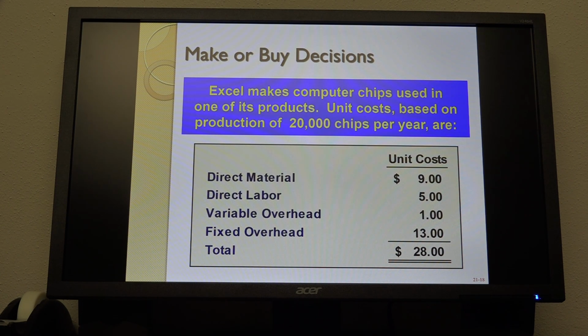The fixed overhead is irrelevant because that's going to have to be paid regardless of whether or not they make or buy the product. So that is an irrelevant cost. So what we have here is $15 of unit costs that are relevant, 13 which are irrelevant.